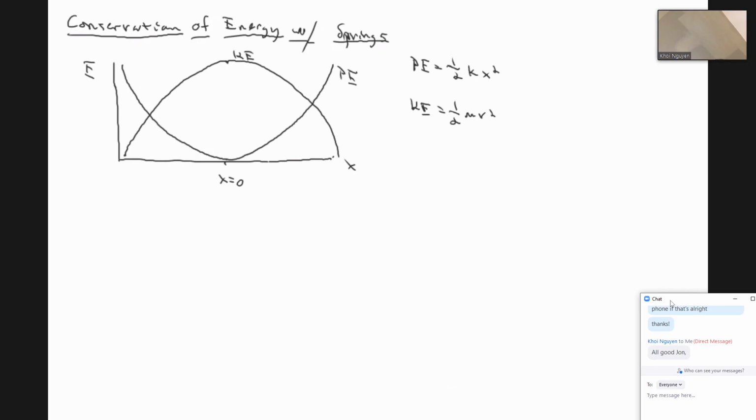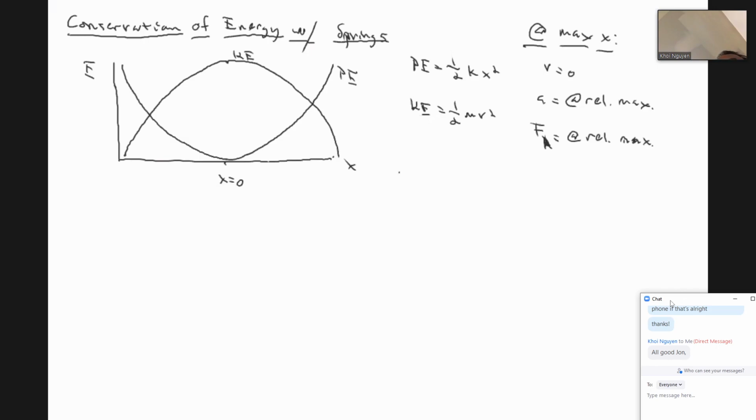Keep in mind that when we're at a maximum displacement, velocity is equal to 0, and acceleration is at a relative max, and the restoring force or the spring force is at a relative maximum. Negative kx is at maximum displacement.